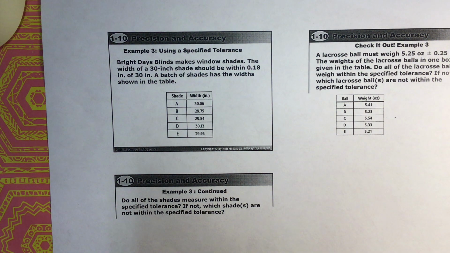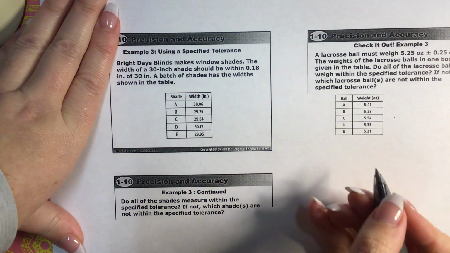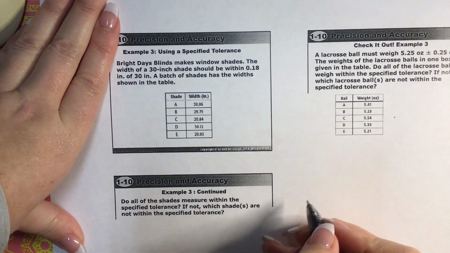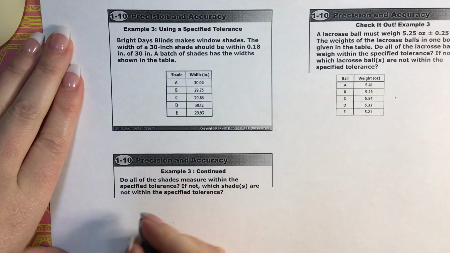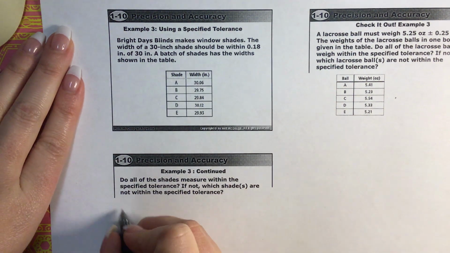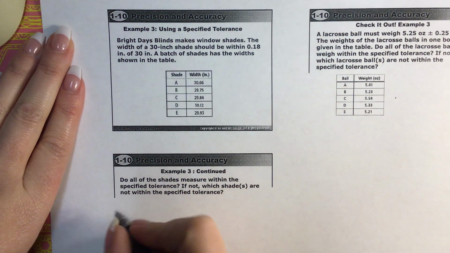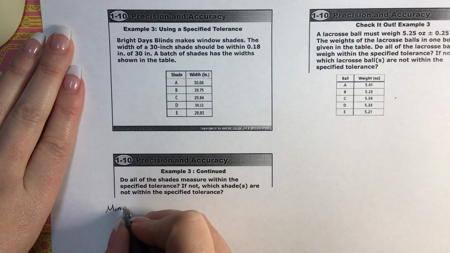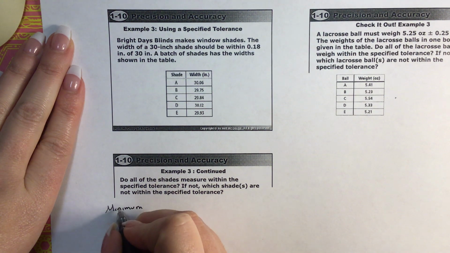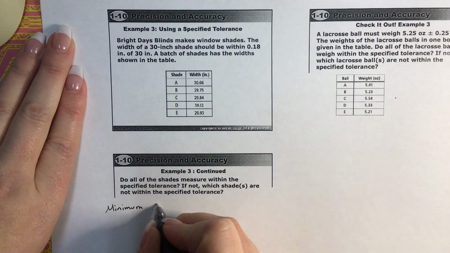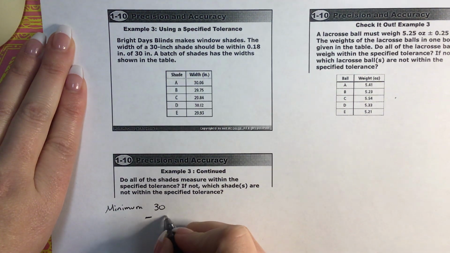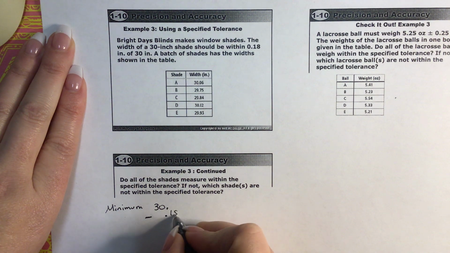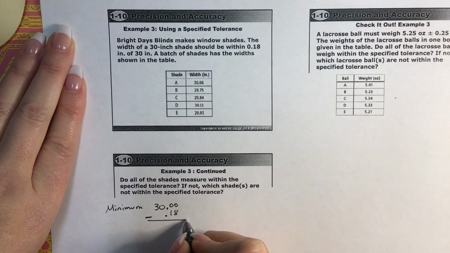To determine that, we take the 30 inches, and we're going to find our minimum value first. We do that by going 30 minus 0.18. So we put the decimal there, 18, and we have to put zeros there.